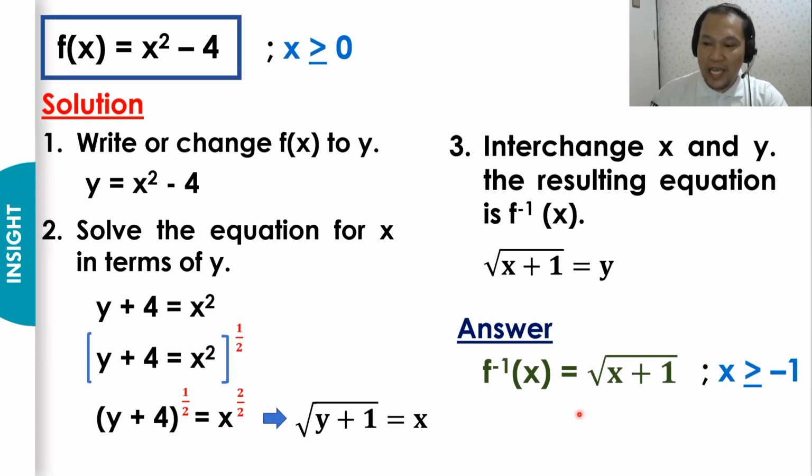Okay, therefore, the inverse of the given function, x squared minus 4, is the square root of x plus 4. And remember, we do have restrictions for the given quadratic function and then for the radical function.